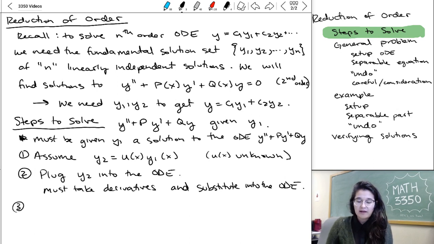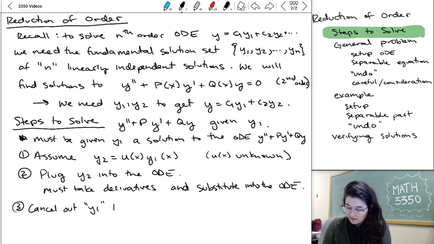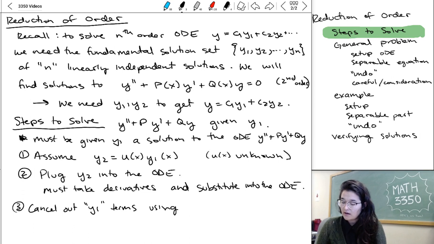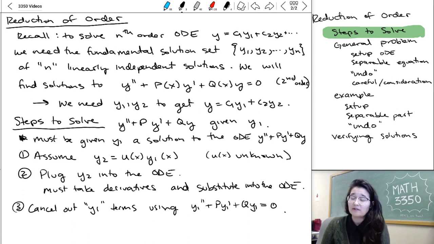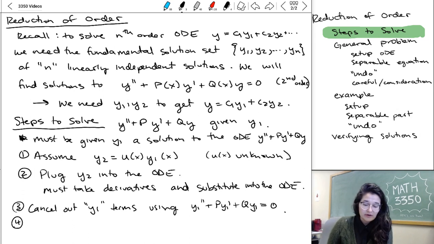And then once we plug it in, everything's going to look kind of complicated until we cancel out all of the y1 type terms by noting that because y1 is a solution to the ODE, every time we find y1 double prime plus p y1 prime plus q y1, we get to set it equal to 0. After that, everything will be a little bit simpler.